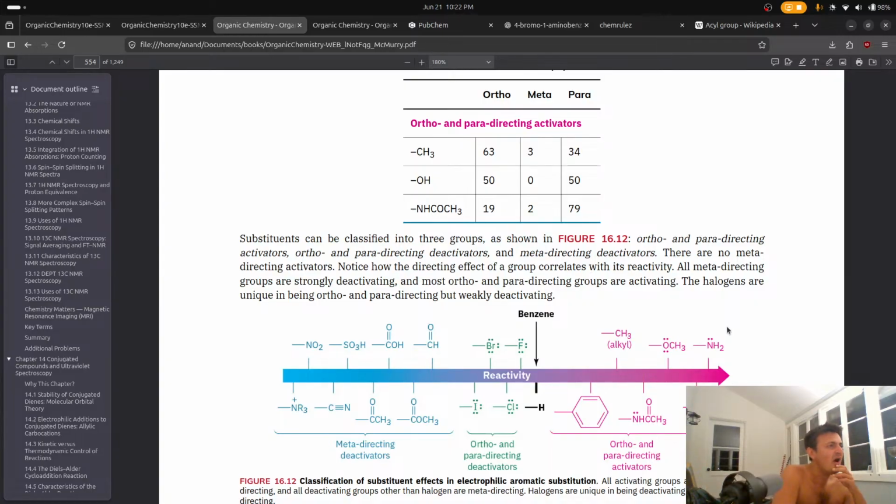Most ortho and para-directing groups are activating. The halogens are unique in being both ortho and para-directing but weakly deactivating.